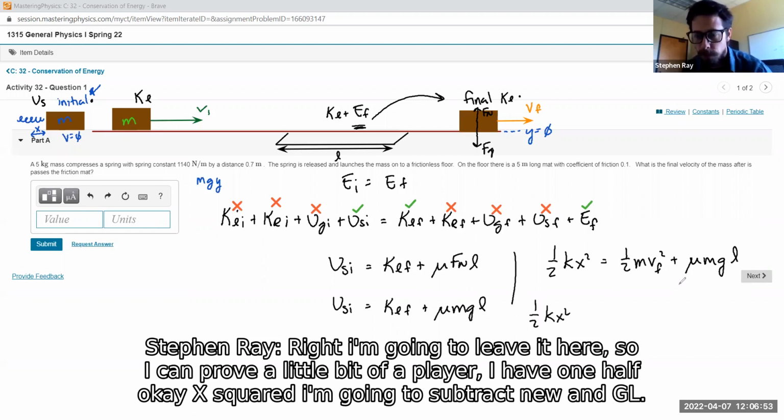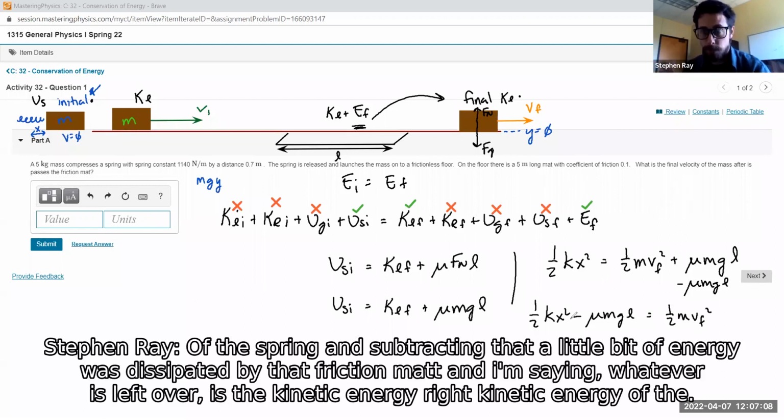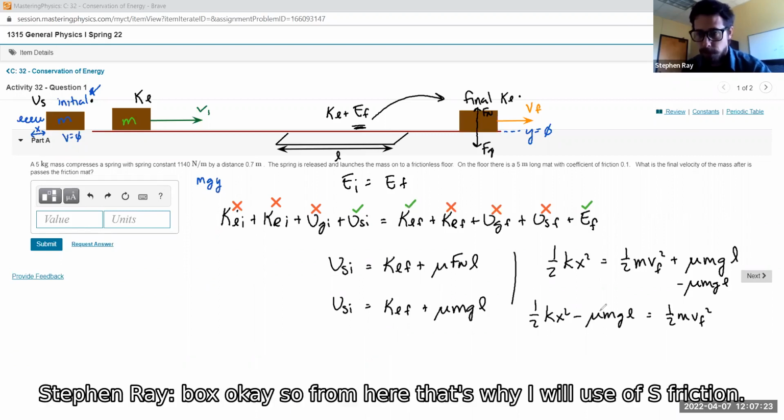I'm going to subtract mu mgL, and that is equal to 1/2 m v final squared. So I'm taking the initial total energy of the spring, subtracting that little bit of energy that was dissipated by that friction mat, and whatever is left over is the kinetic energy of the box.